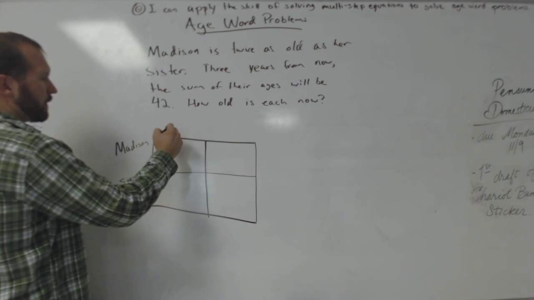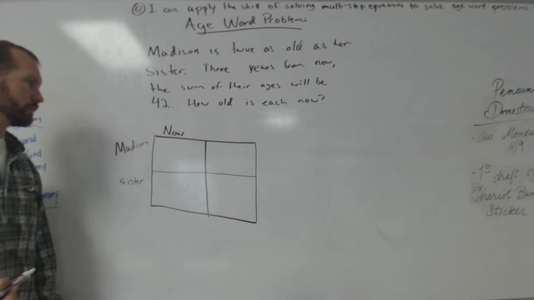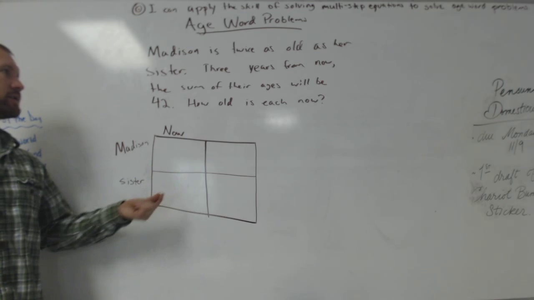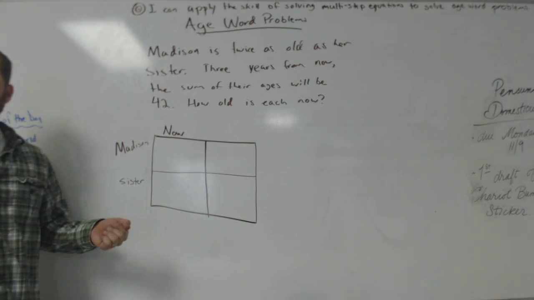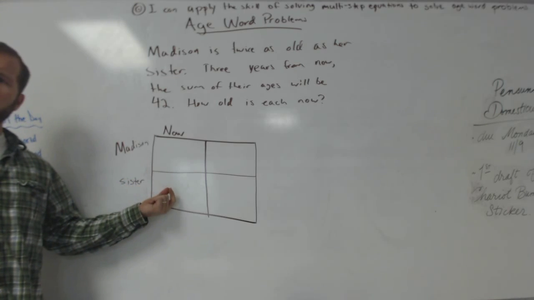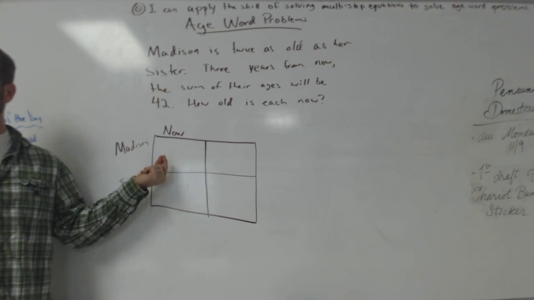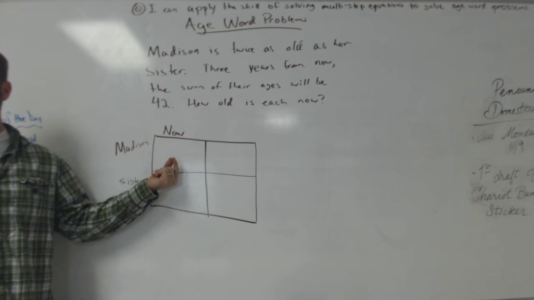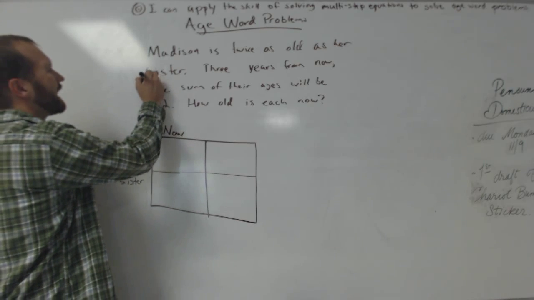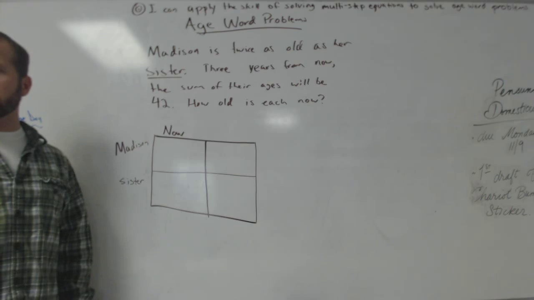I'm going to start out by writing now, and then in these boxes I'm going to put their ages now. The thing we have to figure out, I want to make one of them X. Usually the one that's at the end of the sentence will be the X.